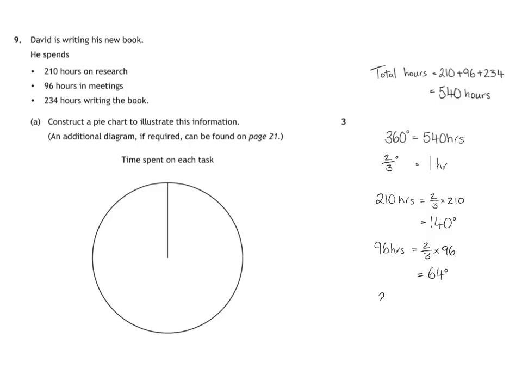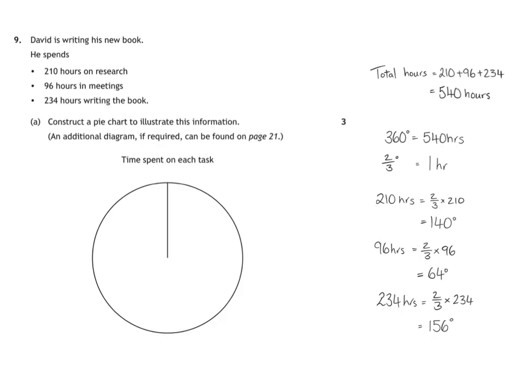And for our 234 hours, we have 2/3 of our 234. So when we do that, we get 156. We should double check that when we get those, they add up to 360, which they do.